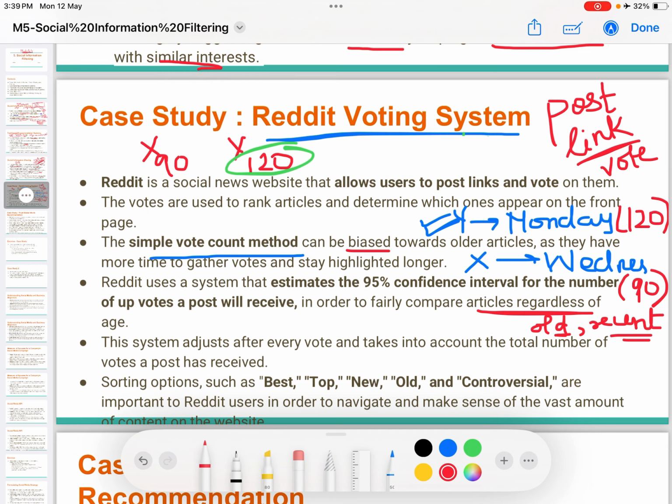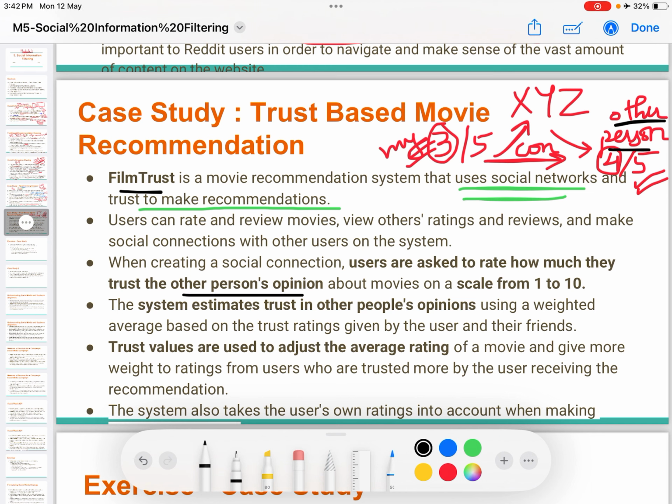When creating a social connection, users are asked to rate how much they trust the other person's opinion about the movies on a scale from 1 to 10. So when I am making a social connection with this person, users are asked whether they trust the person's opinion, and if yes, how much they rate it on a scale of 1 to 10.